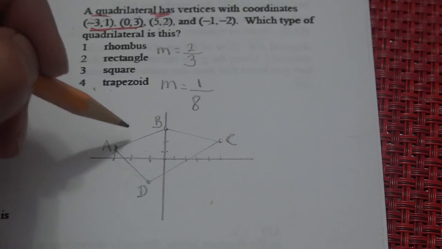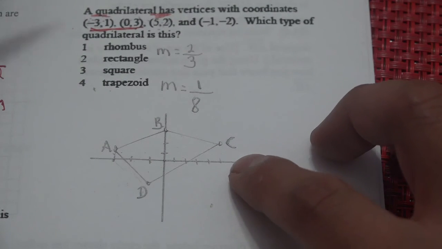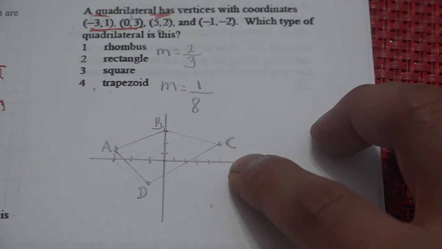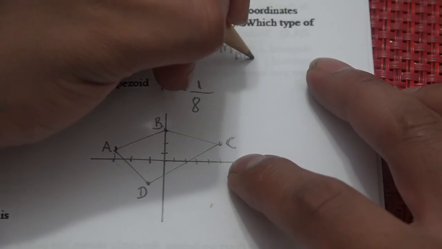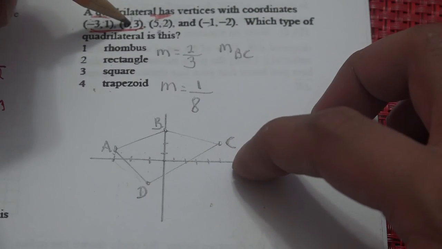So let me calculate BC. I know where BC is. This is B and this is C. So let me calculate the slope of BC, with the ones and the twos.